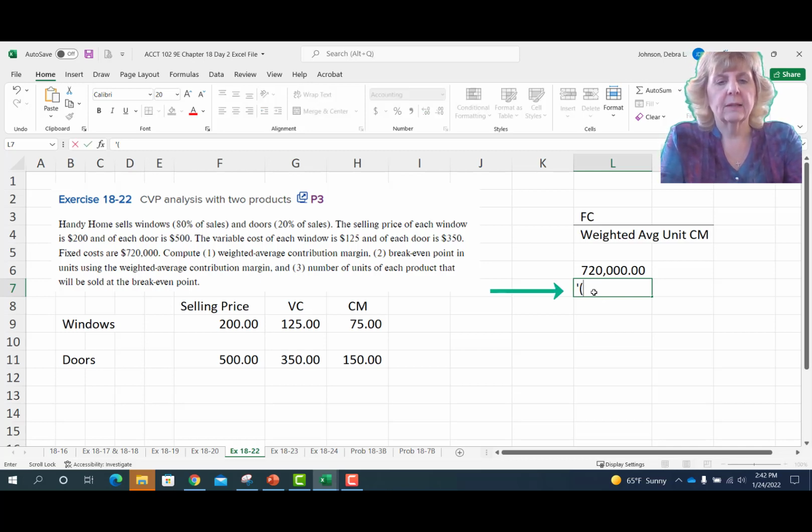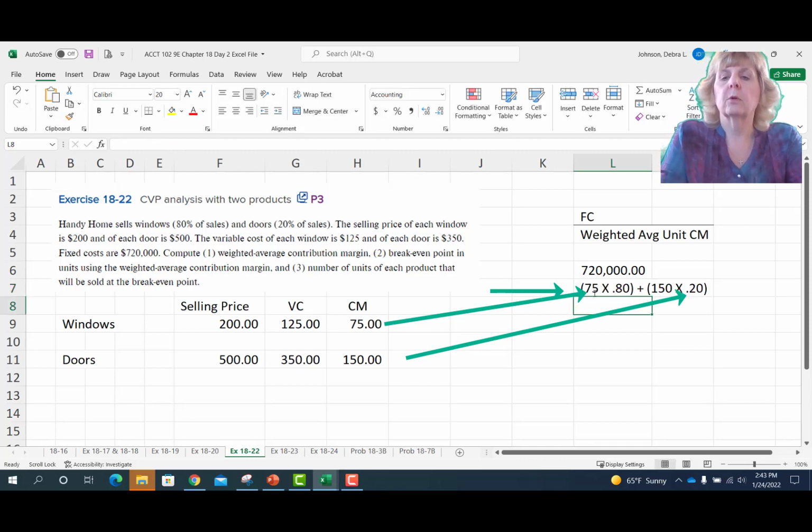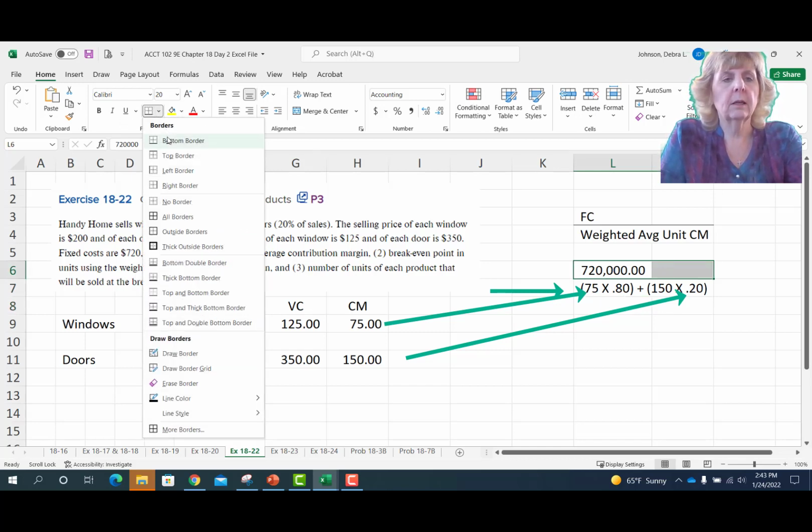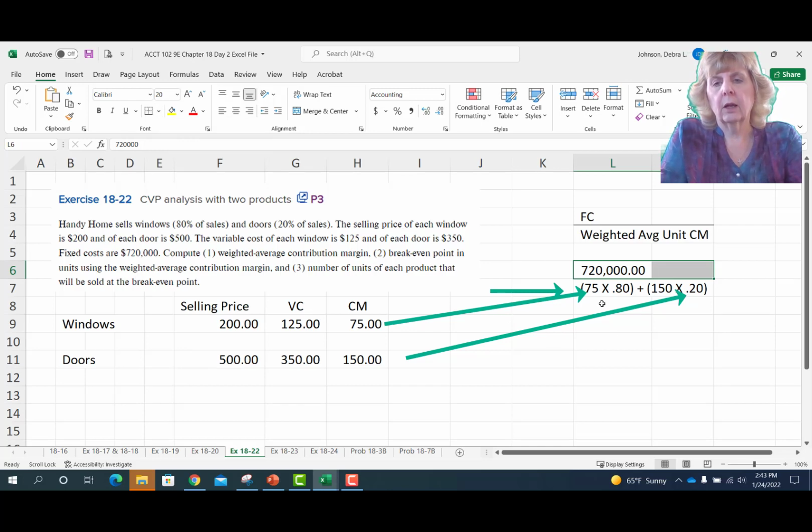We're going to take that $75 contribution margin and we're going to weight that by 80%. That would be for the windows. And then we'll take $150 contribution margin and weight it by the other 20% for the doors. Let me put my dividing line in, and let me go calculate those two parts of that formula.